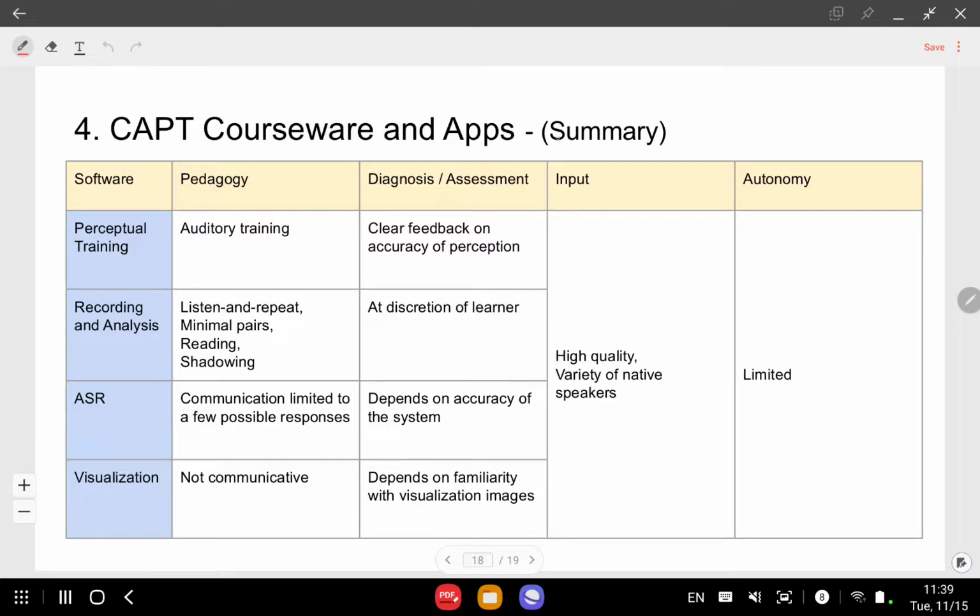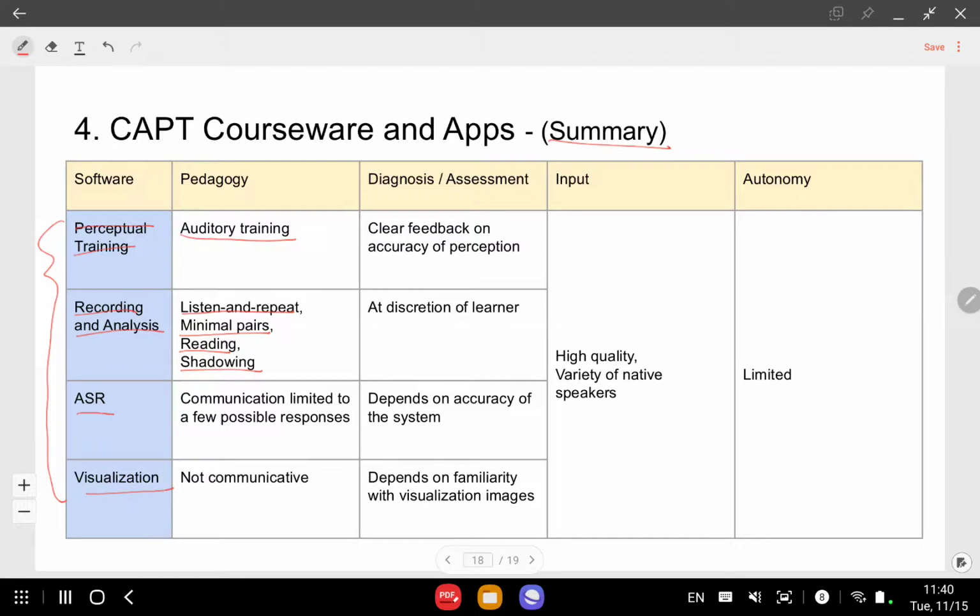So how can we sum this up? For these four different kinds of pronunciation training: perceptual training, recording and analysis, ASR, and visualization, we have different results for each. For pedagogy, perceptual training is based mainly on auditory training, and recording analysis mainly uses listen and repeat, minimal pairs, reading and shadowing methods.